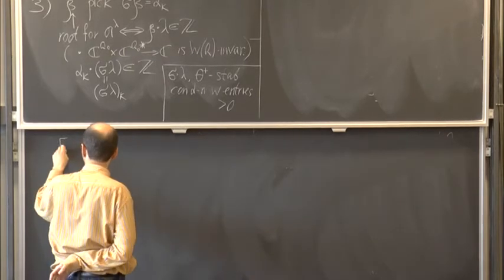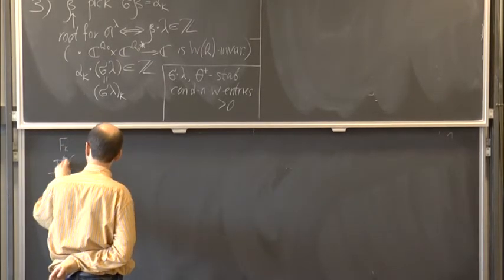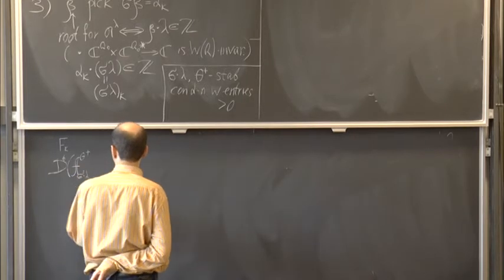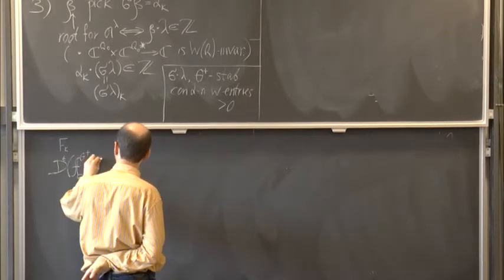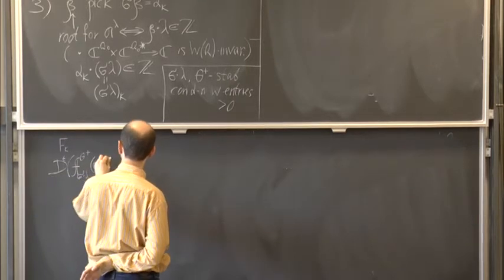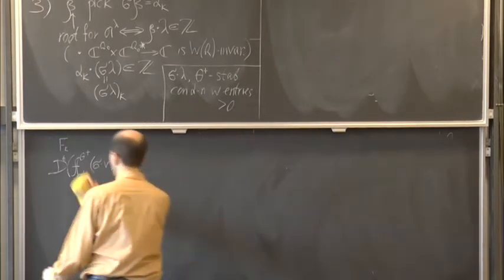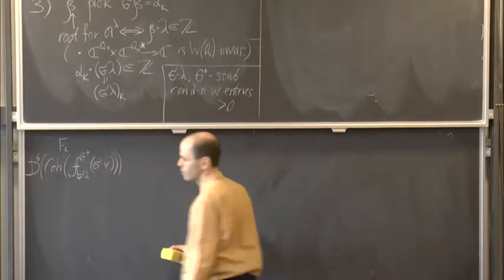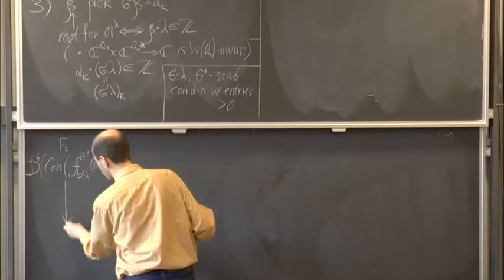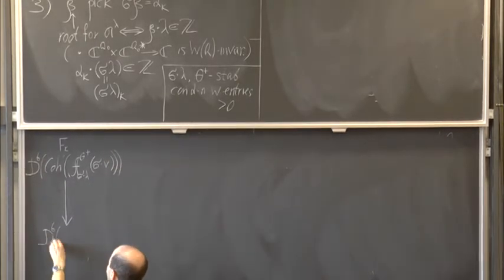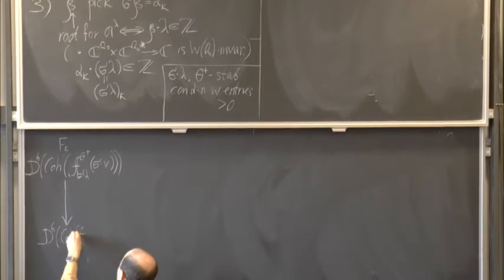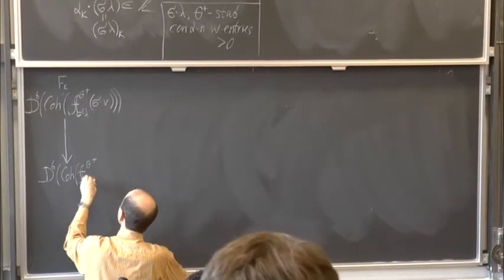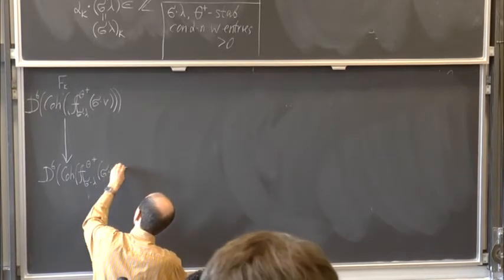I have the functor f_k, which goes from D^b Coh A theta plus, sigma dot lambda, sigma dot v, to D^b Coh A theta plus, sigma dot lambda, sigma dot v plus epsilon k.